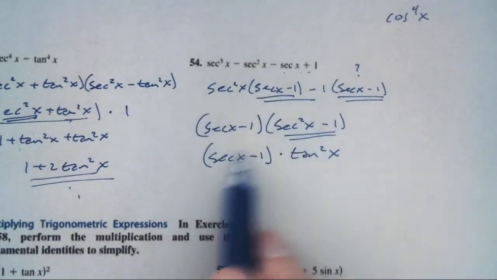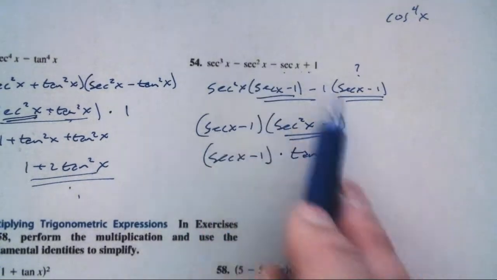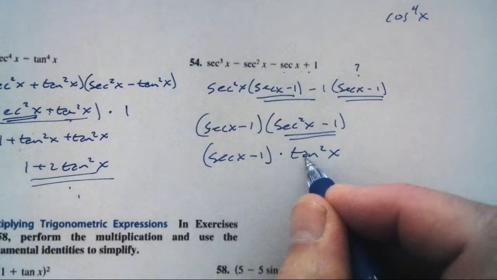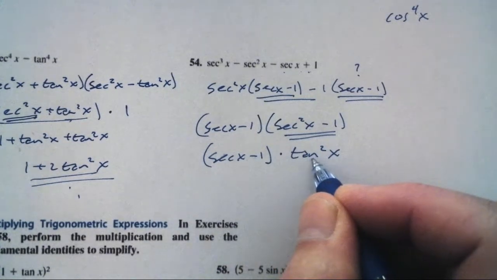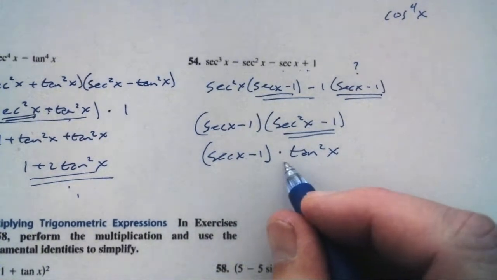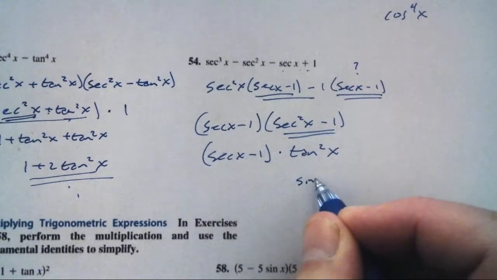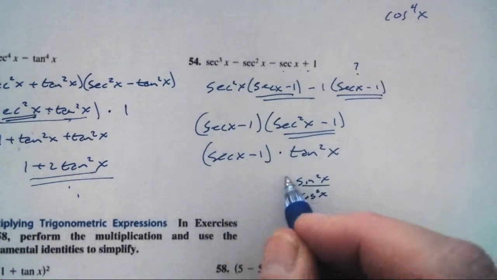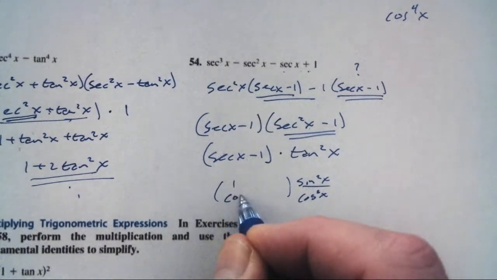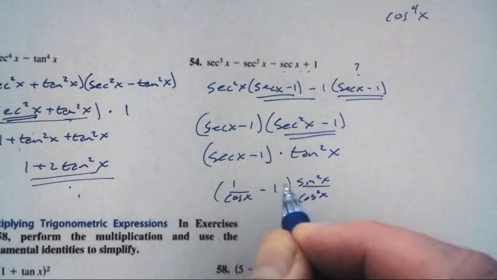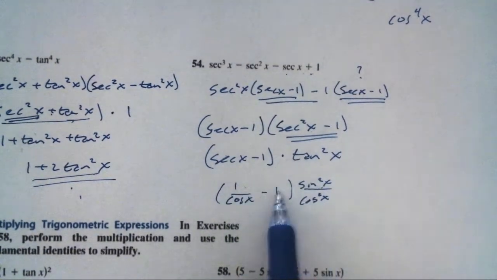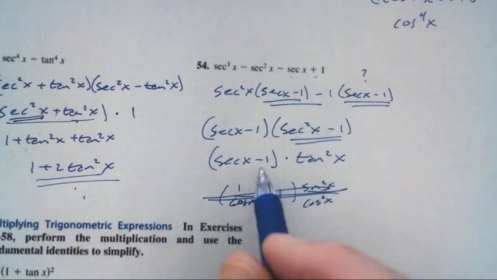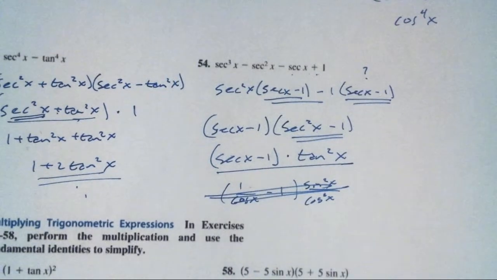So I would say this is probably a little more simplified than that. Now, if we look at the sines and cosines route, I'm not certain this is going to help us much, but let's take a look. This could be sine squared over cosine squared of x, and this is 1 over cosine of x, minus 1. I don't get any good canceling when I distribute this through, so I'm going to suggest that may be about as good as we can do here.